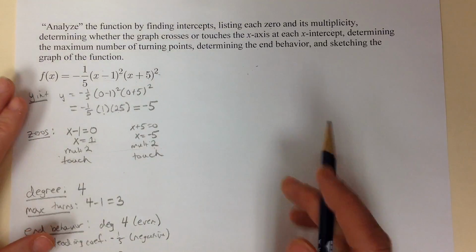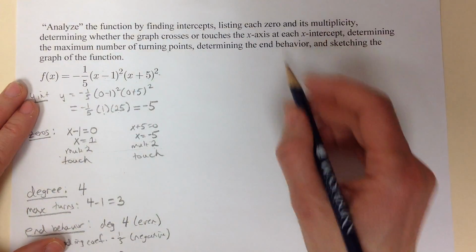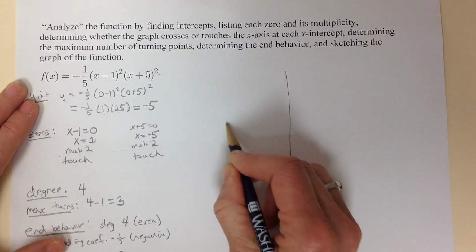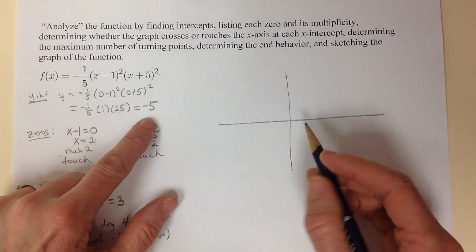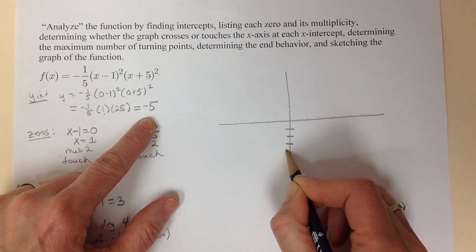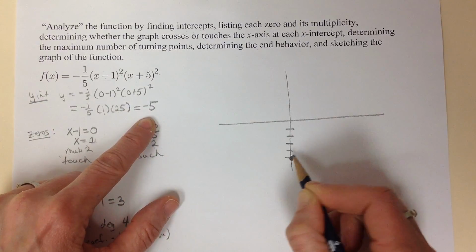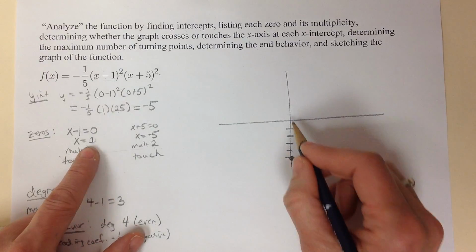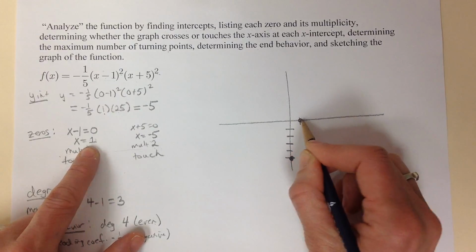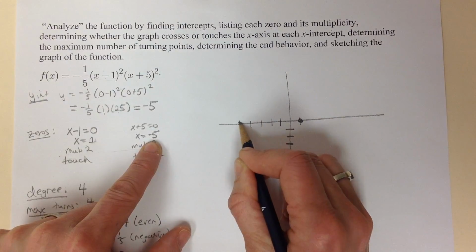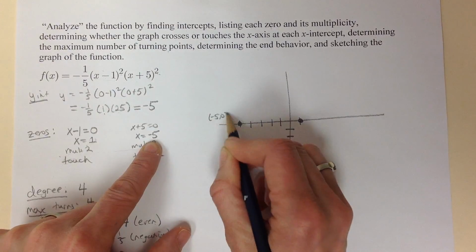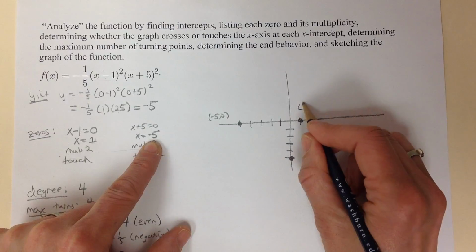Okay, so now we need to tie it all together to get the sketch. So the information that I have, I've got a y-intercept at -5. I have zeros at 1 and -5. So it's a good idea to label your points.